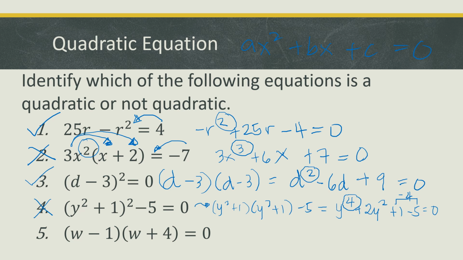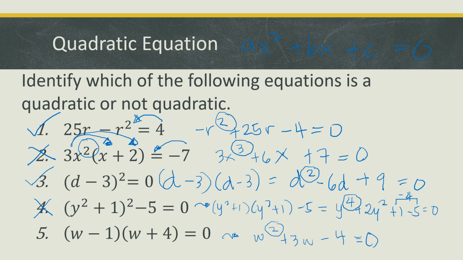Number 5. So if you can observe, there's no exponent as the highest degree is 1. But if we're going to use the FOIL method, or if we're going to change it into the standard form, we can see that it is a quadratic equation. So w minus 1 times w plus 4, that will give us w squared plus 3w minus 4 is equal to 0.